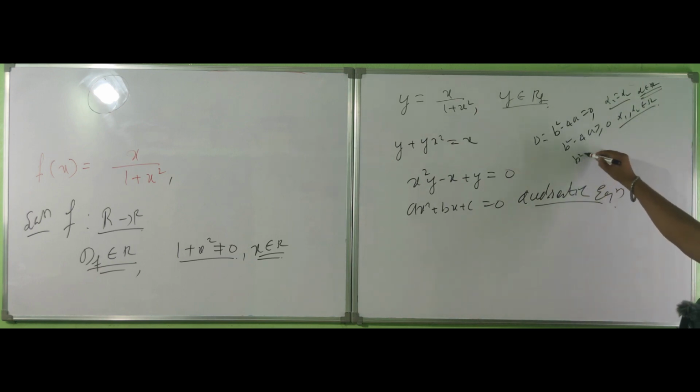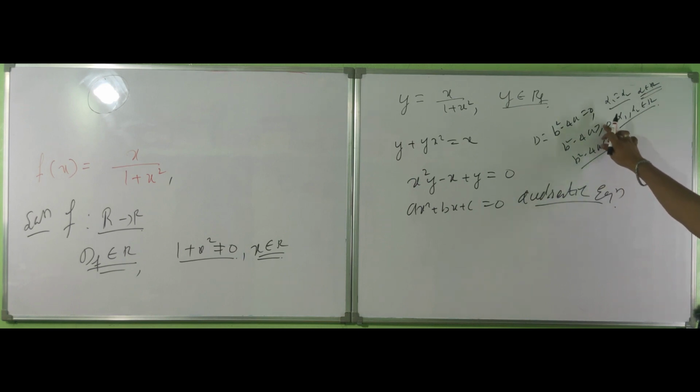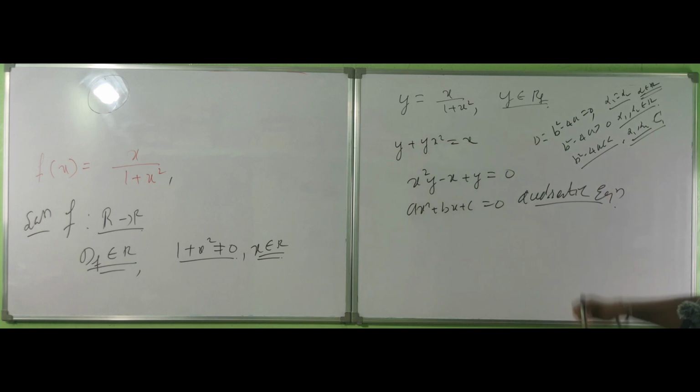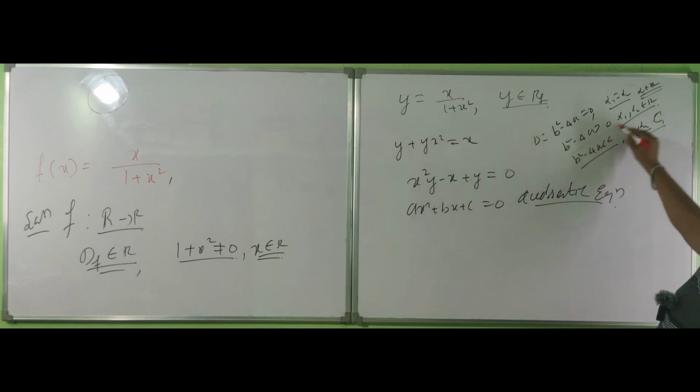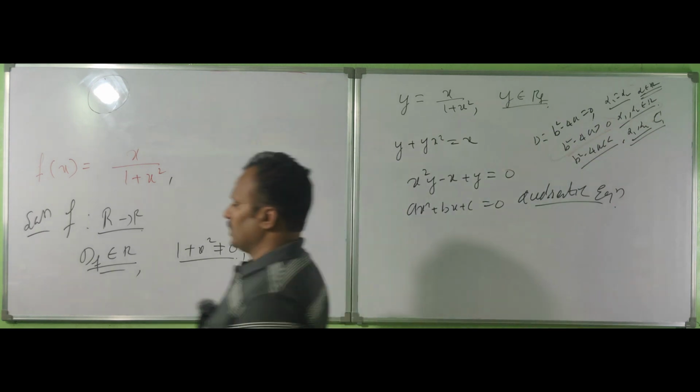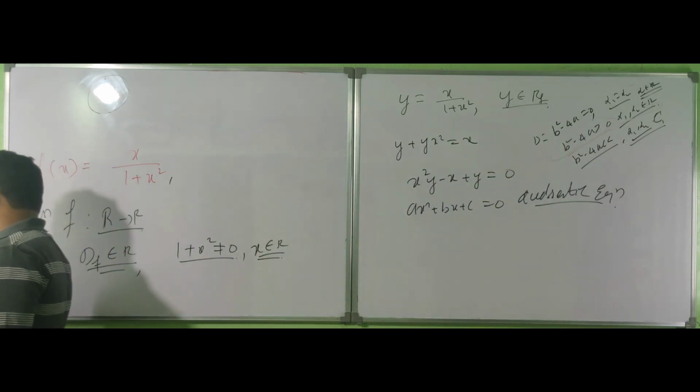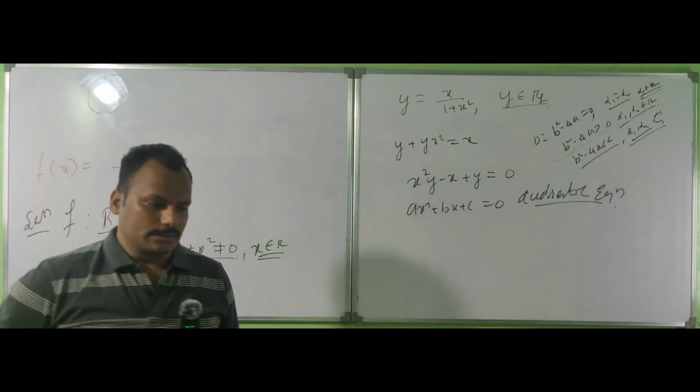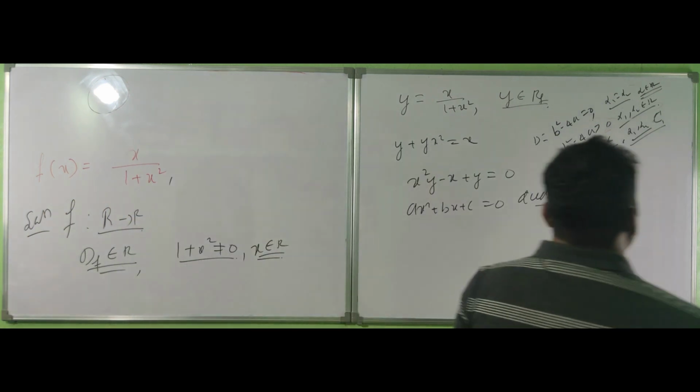If b square minus 4ac is less than 0, alpha 1 and alpha 2 belong to the complex number set. So our aim is that b square minus 4ac should be greater than or equal to 0.